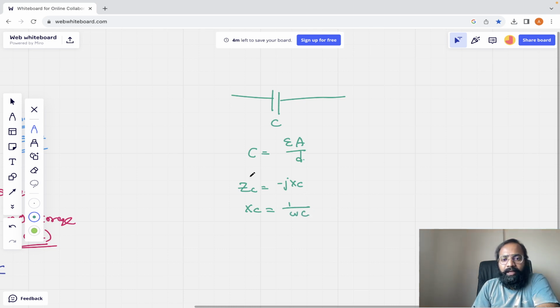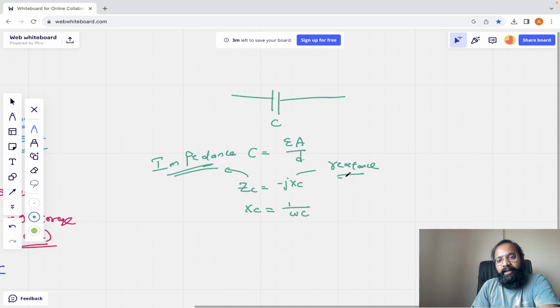Okay. So this is the impedance of the capacitance and this is the reactance of the capacitance. Are you understanding my concept? Now, if I substitute the reactance into this impedance, then ZC is equal to minus j divided by omega C. Usually, you may remember it like this also: 1 divided by j omega C. Anything is fine.